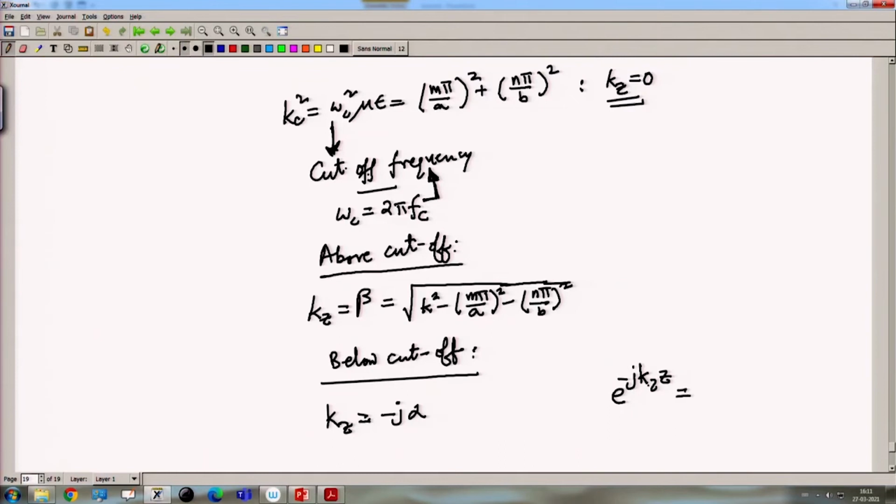So, if we choose kz equal to minus j alpha, it becomes minus j times minus j alpha z, and that is equal to e to the power minus alpha z, which represents attenuation. So, this represents attenuation.